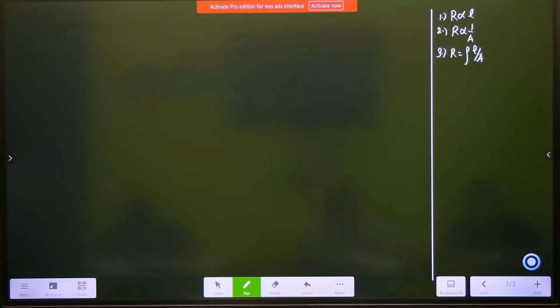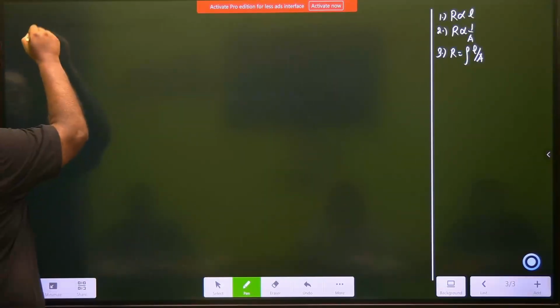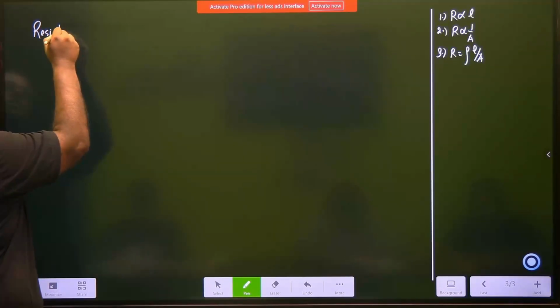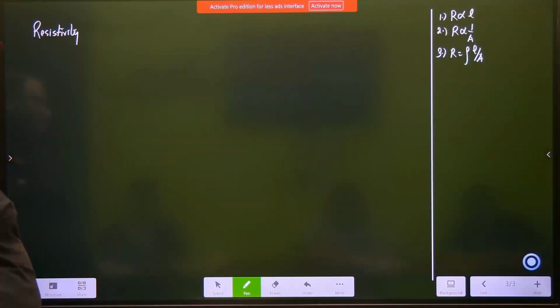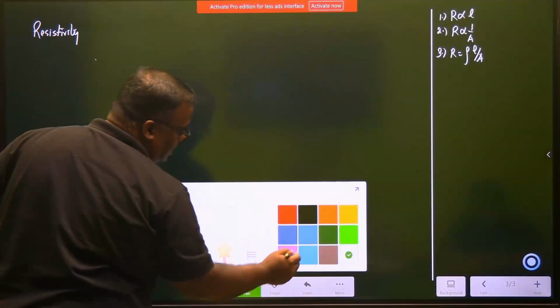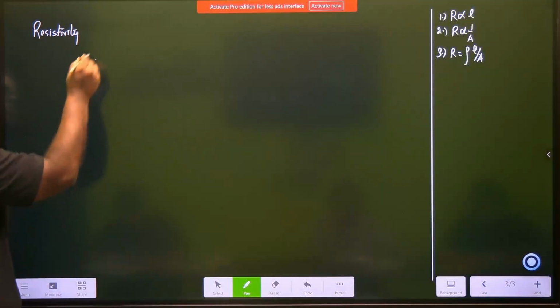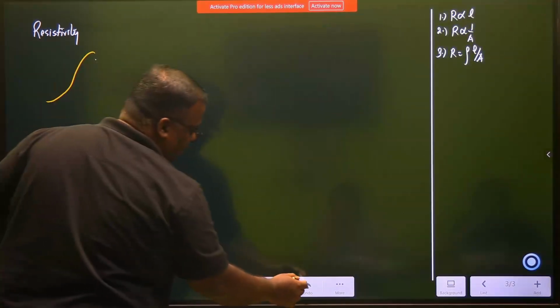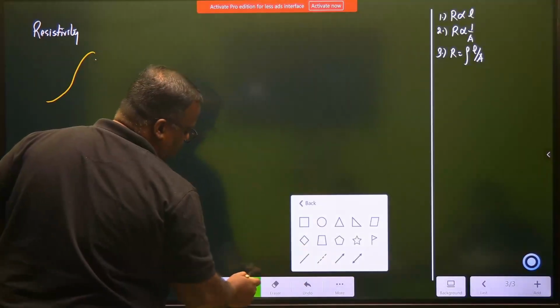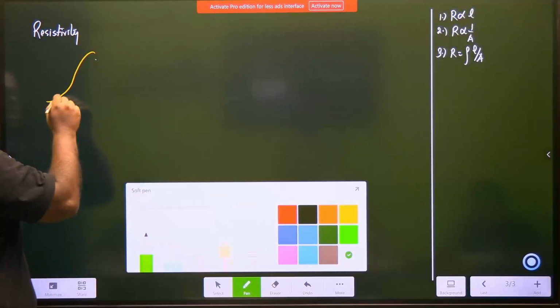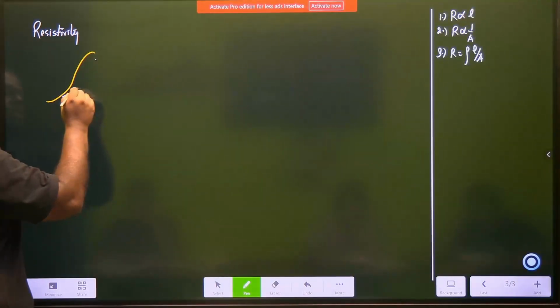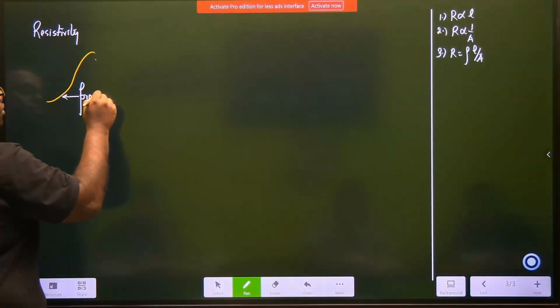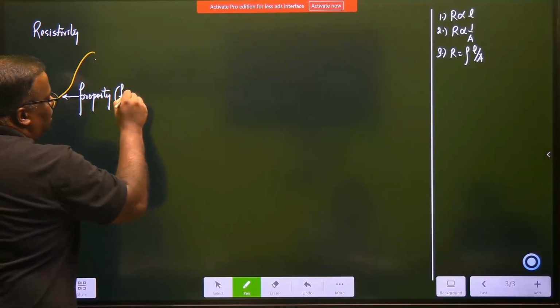Have you understood? Okay. So now we come across a term called resistivity. Now look. I will no more draw my conductor like a rectangular slab, because a conductor is ultimately a metallic piece of wire. So let's say this is my metallic piece of wire. It has got a property that is fundamental to it.